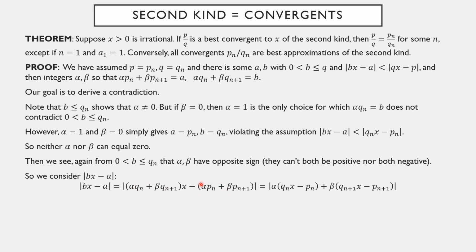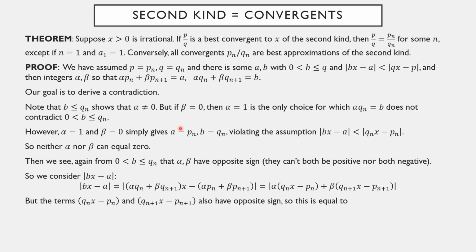We distribute and collect terms to factor an alpha out of what we can and a beta out of what we can. Now the terms qn x minus pn and qn+1 x minus pn+1 also have opposite sign. If you just imagine this parenthetical term and divide by qn, you'd have x minus pn over qn, and here you'd have x minus pn+1 over qn+1.